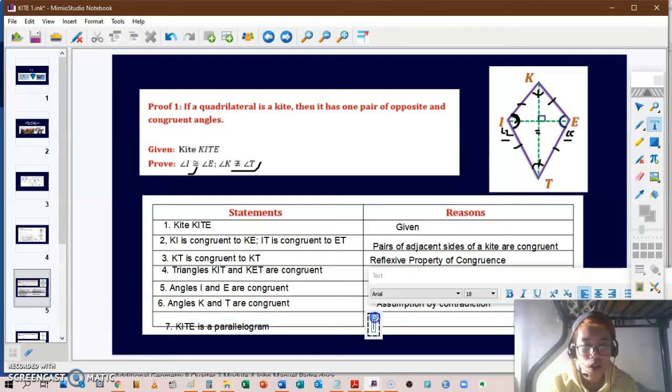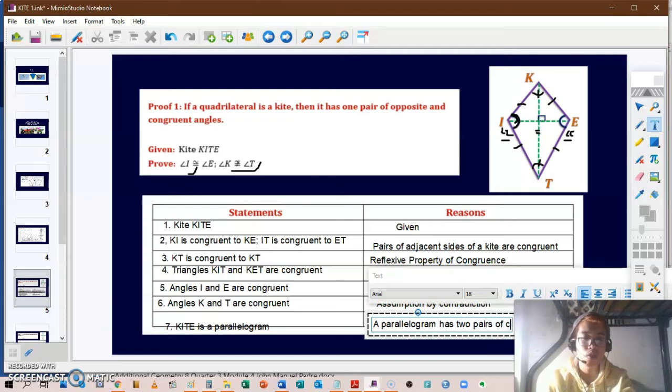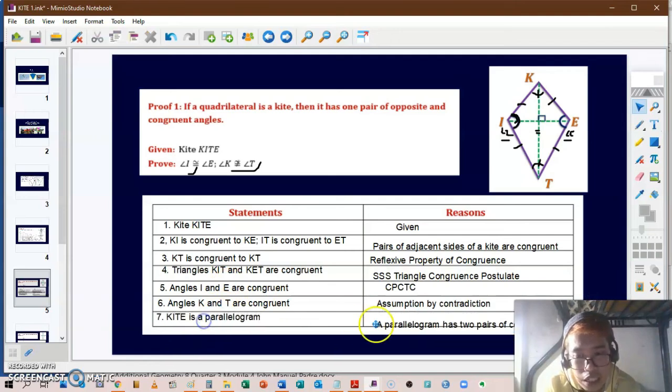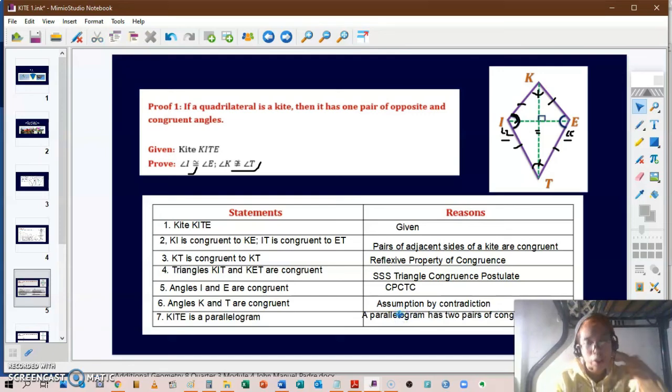The reason for that is a parallelogram has two pairs of congruent opposite angles. But KITE, the kite, is not a parallelogram. It's a kite. So we've contradicted our given that KITE is a kite. It's not a parallelogram.